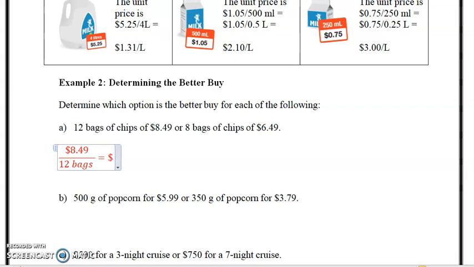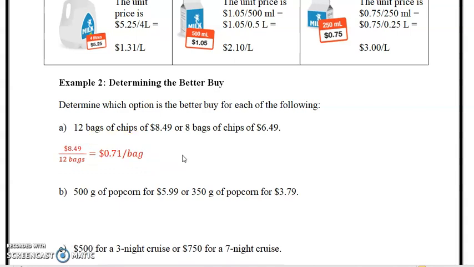That would be approximately, and again this is rounding, 0.7075. So the 7 rounds the 0 up to a 1. So the cost is 0.71 dollars per bag. We do the exact same thing again, only this time with the second option, which is $6.49 for 8 bags.